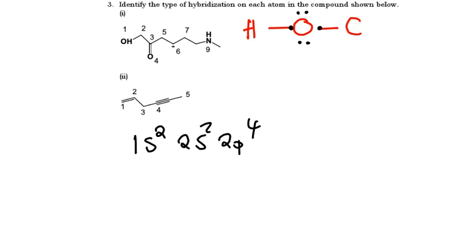So there are 2 lone pairs, as you can see. Remember, it's supposed to have 6 on its own. Those are the ones I've shown in black, and then adding the other 2, it becomes stable, it gains an octet. So if we go for the type of hybridization, we would end up with sp3, right? Count 1, 2, 3, 4. So sp3 hybridization is what we are settling for.